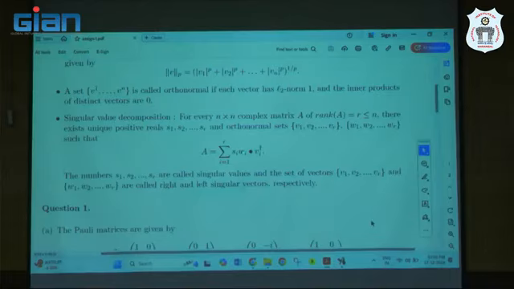The numbers S1 to SR are called singular values and the sets of vectors V1 through VR and W1 to WR are called right and left singular vectors respectively.